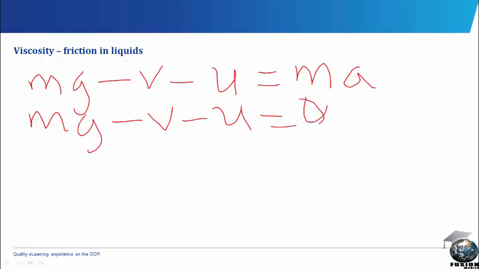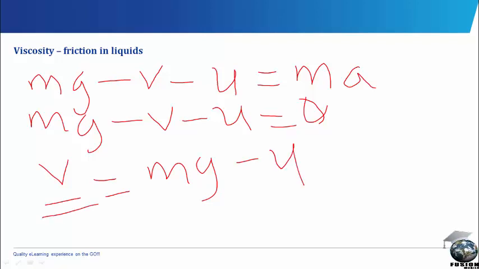Making v the subject of the formula, we have it that v will be equal to mg minus u. This is known as terminal speed. If I'm representing it in a graph, we'll have something this way, where here is representing our velocity and this point is representing our time.